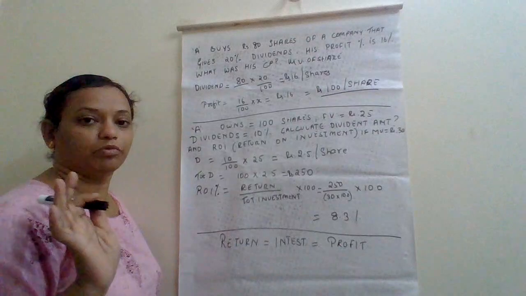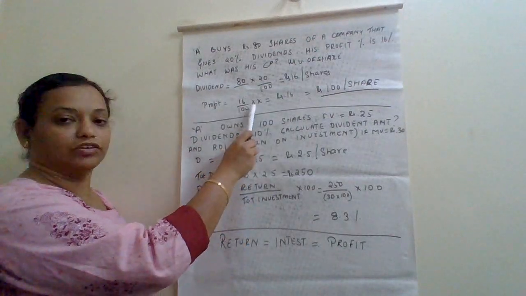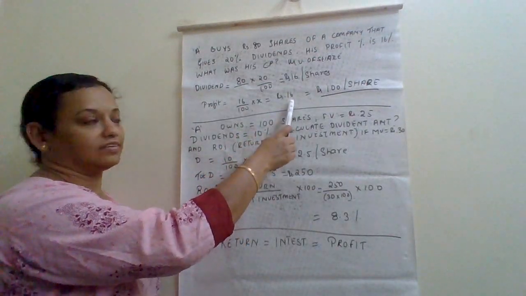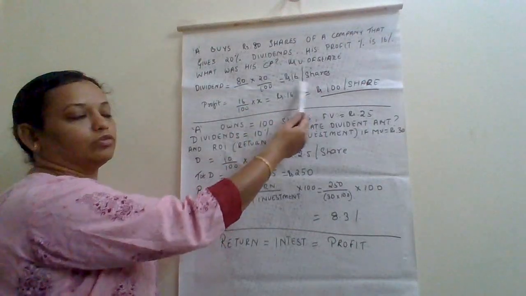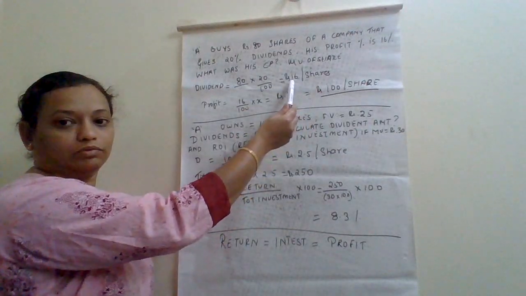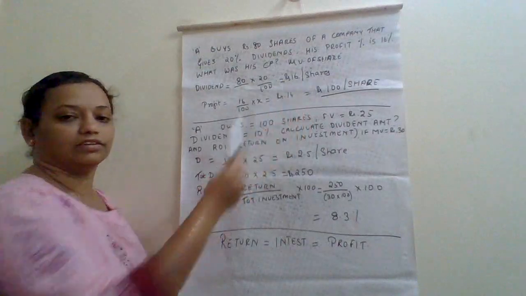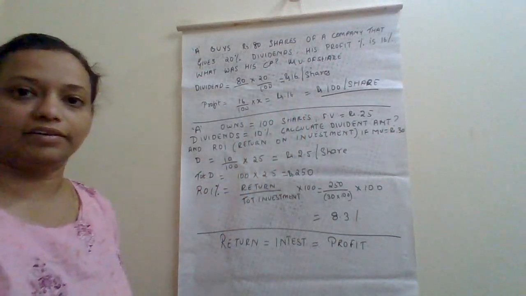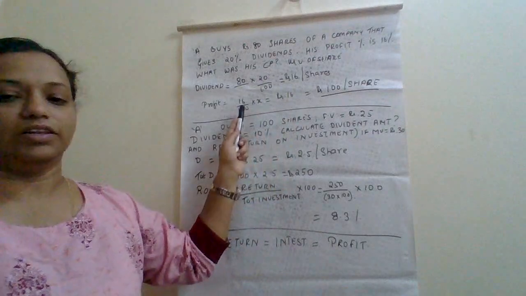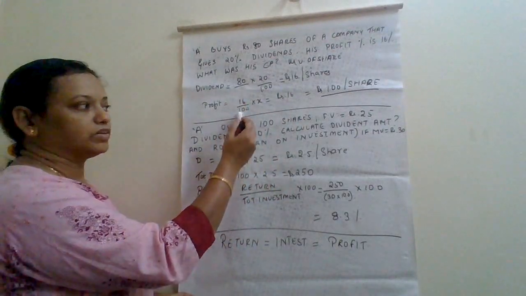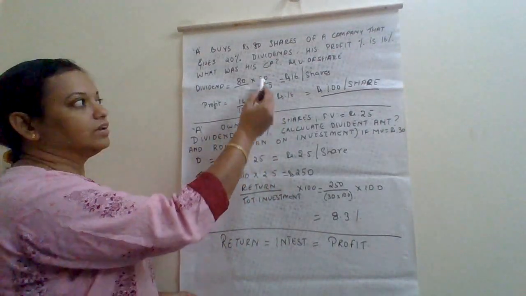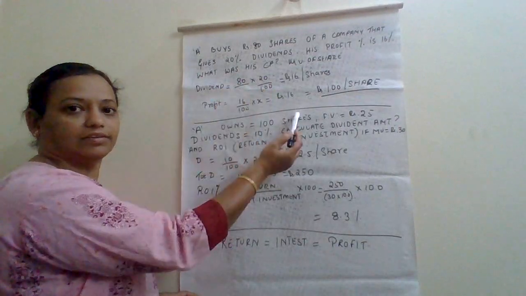He's got 16% profit, is what they have told. So 16% of X equals rupees 16. Why 16? Because we have already found the dividend value. It is 16 rupees per share they have dispersed as dividends. So 16 rupees equals, or you can write, 16% of X equals 20% of 80. It's the same.